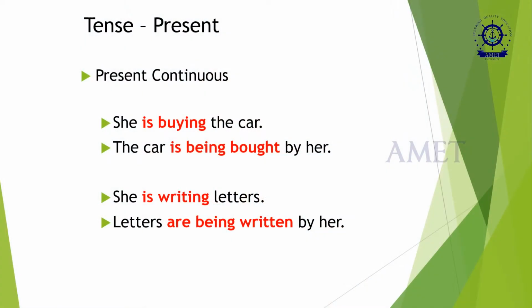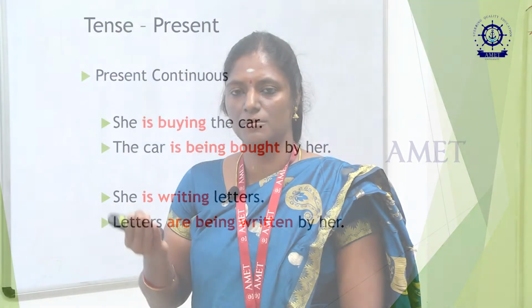Okay, let's move on to present continuous tense or present progressive. She is buying the car. Same subject, verb, object, but it is progressive, continuous, moving. So for buying, for continuous tense, we have to use being, B-E-I-N-G. We have to use being in passive voice. Let's see the example.